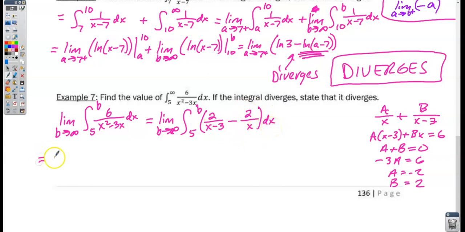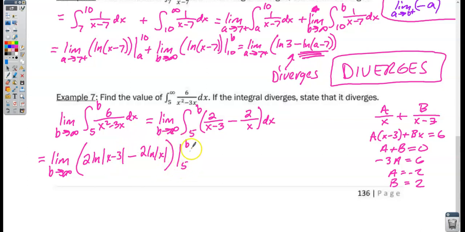All right, so now I'm going to find the antiderivative of that, and this turns into the limit as b goes to infinity of 2 natural log of the absolute value of x minus 3 minus 2 times the natural log of the absolute value of x, evaluated from 5 to b.